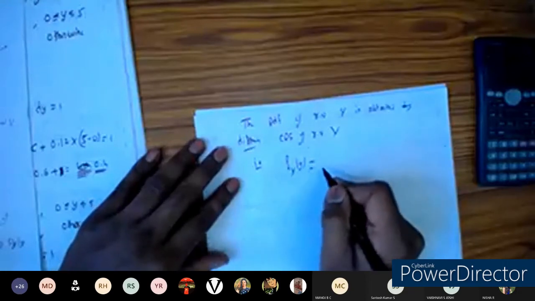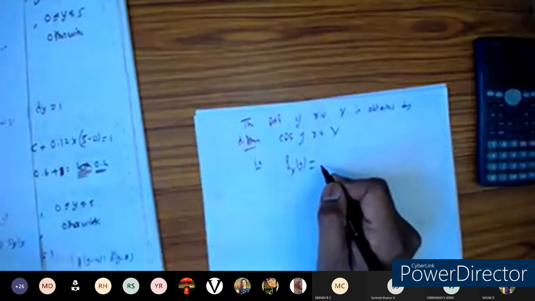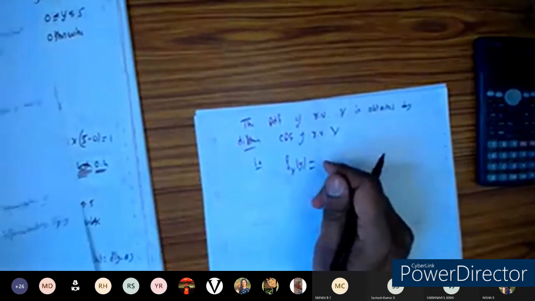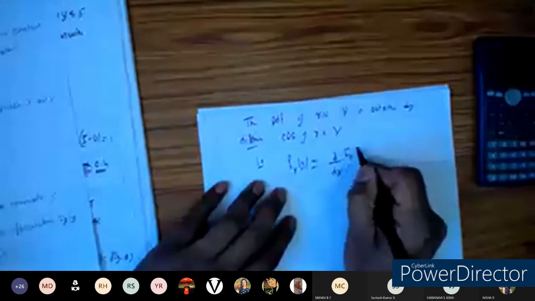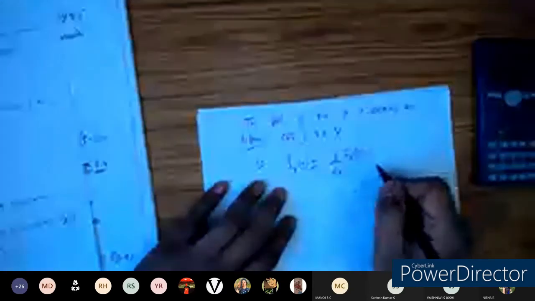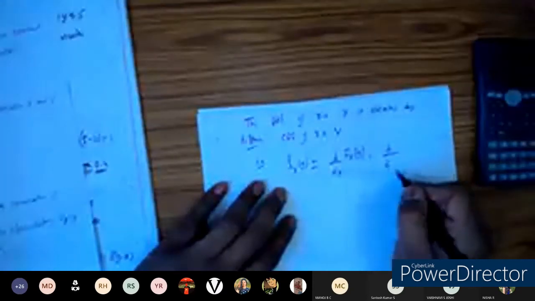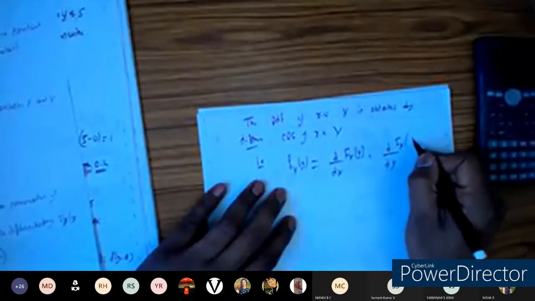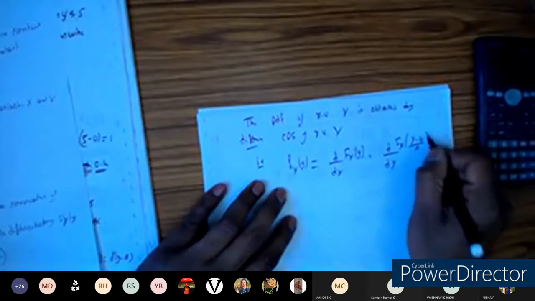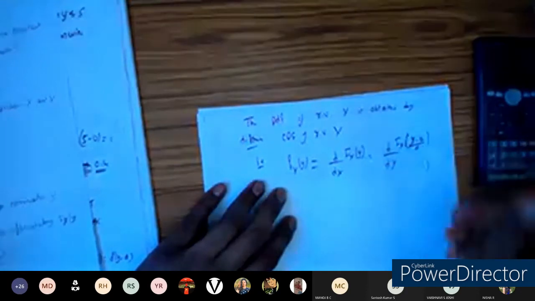Okay, so this can be obtained by differentiating d by dy of F_Y(y), which is nothing but differentiating F_X((y minus b) by a).